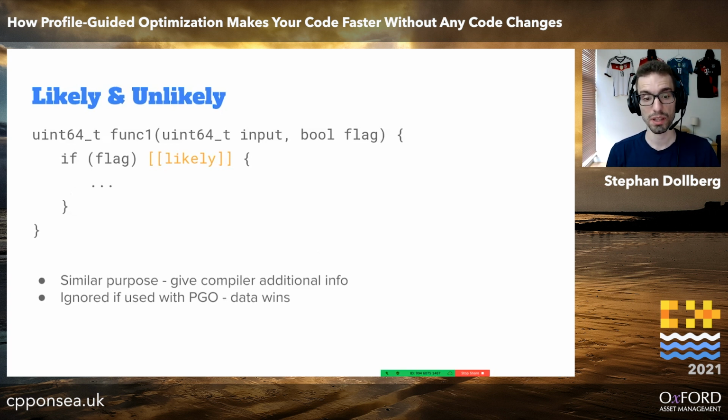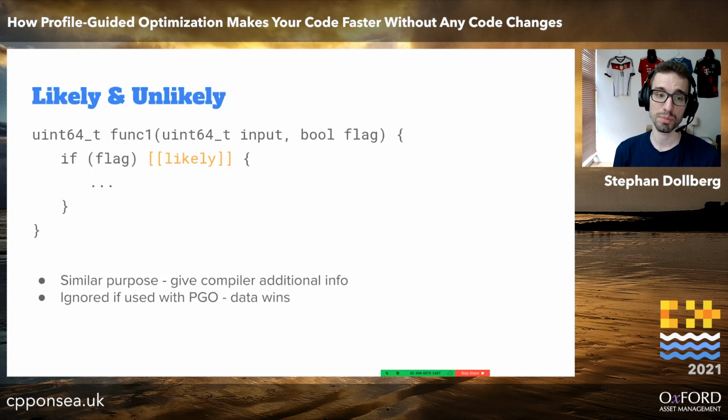This is something we could do, but it doesn't scale, right? You can't annotate the 12 billion branches in your code. And similar to comments, this might also get stale. Somebody might change how the flag behaves, simply invert it and change the code, but doesn't change likely to unlikely. And then you've pessimized. This is something you don't want to do. So just use PGO.